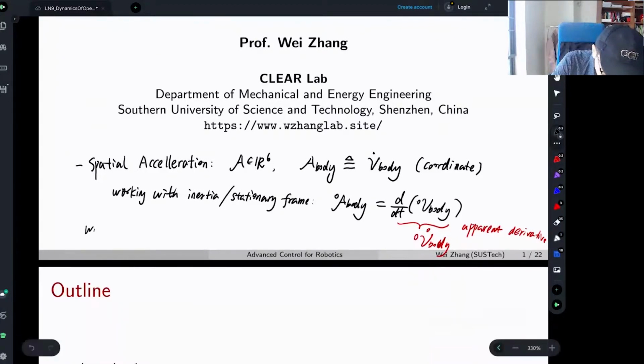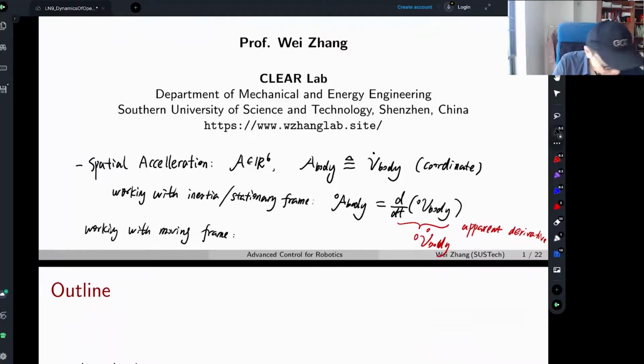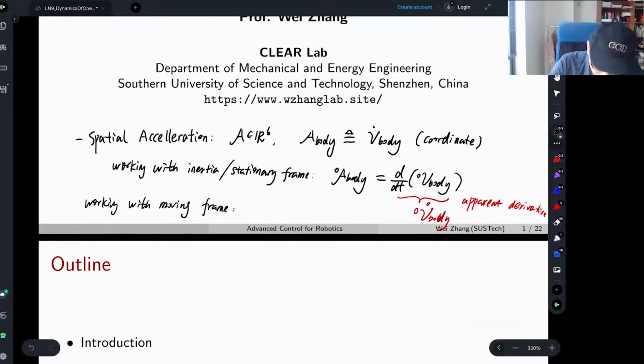And let's say we are working with a moving frame. That's where the spatial cross product arises, or the so-called Lie bracket shows up. That's a somewhat challenging part. We spent quite some effort to explain why that's the case, and for now you can watch our previous video.